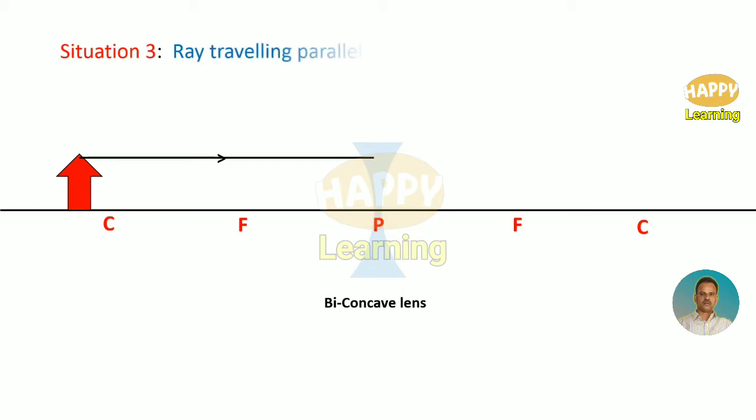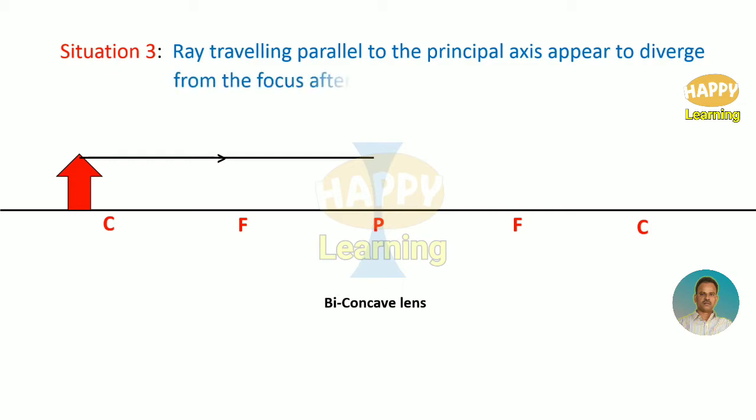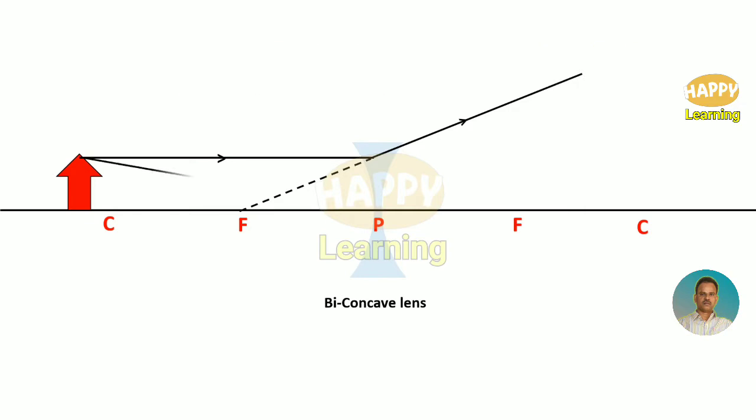As in case of situation 3, a ray traveling parallel to the principal axis appears to diverge from the focus after refraction. So this could be the refracted ray. After passing through the concave lens, it diverges and appears to be coming from the focus. Then select a second ray from the same point of the object such that it passes through the optic center.